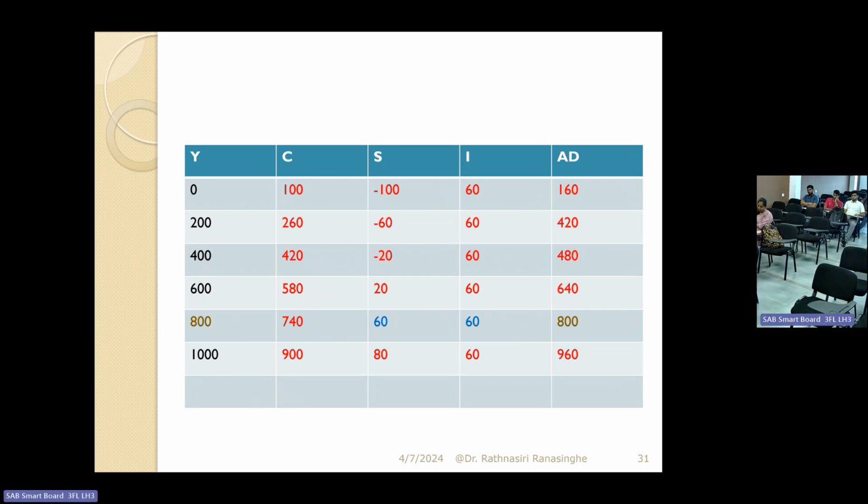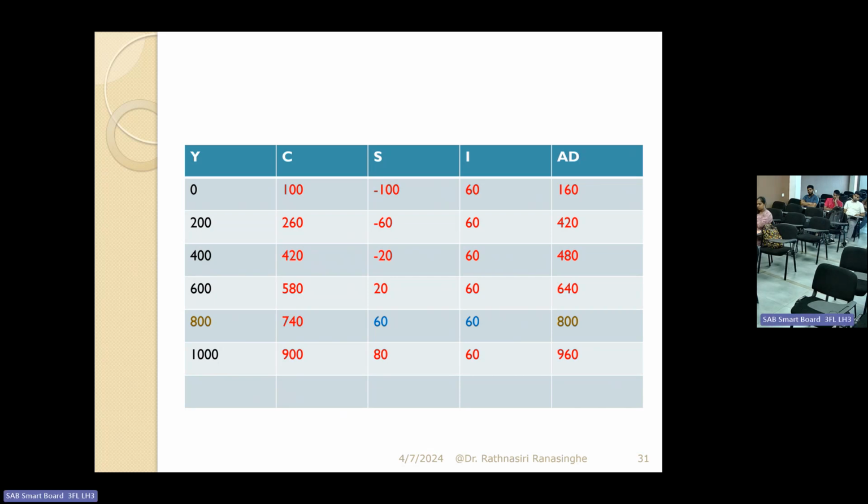So where does the equilibrium occur? When aggregate demand equals aggregate supply, at an income of 800. At the same point you can see investment equals savings, that means injection equals leakage. So the equilibrium income is 800.